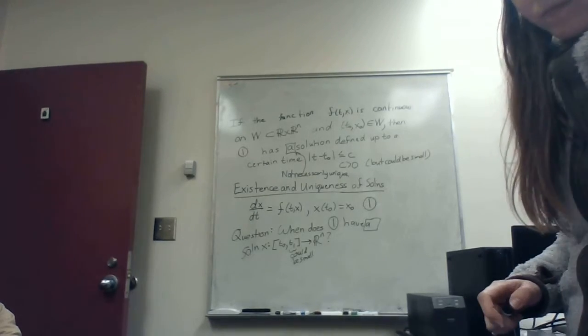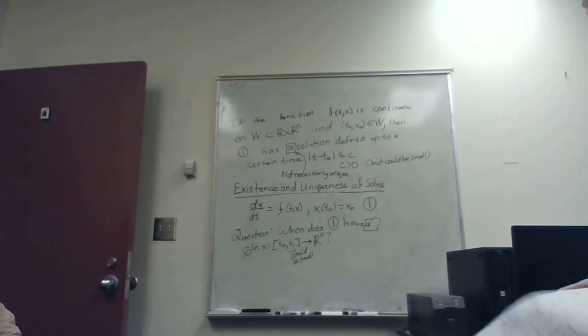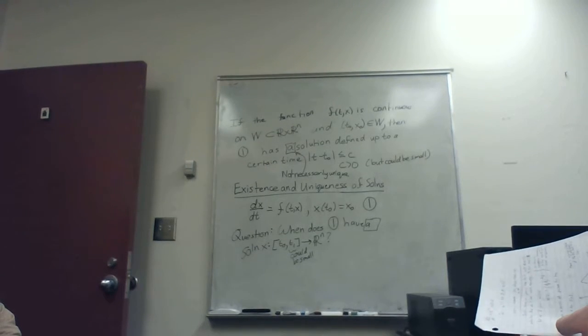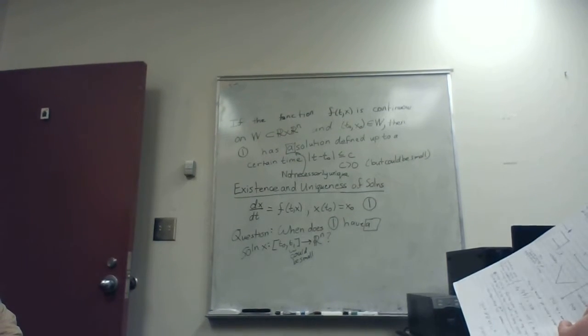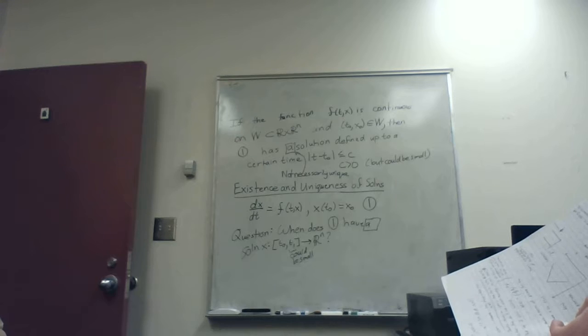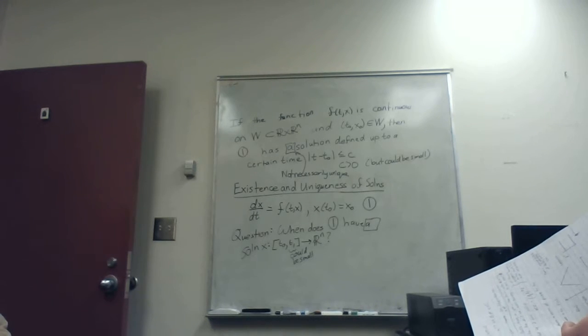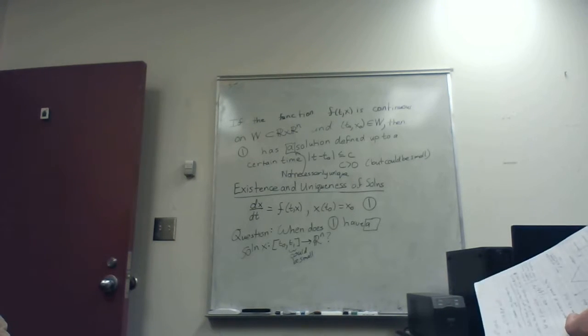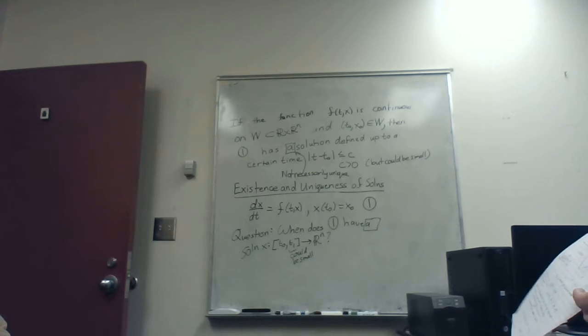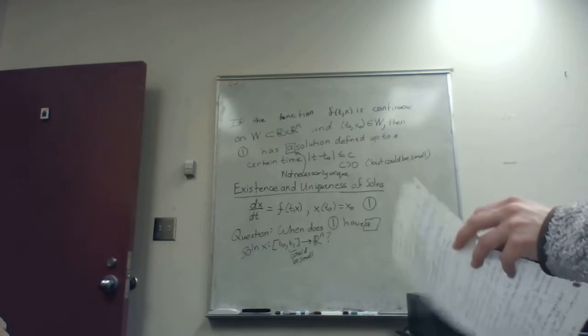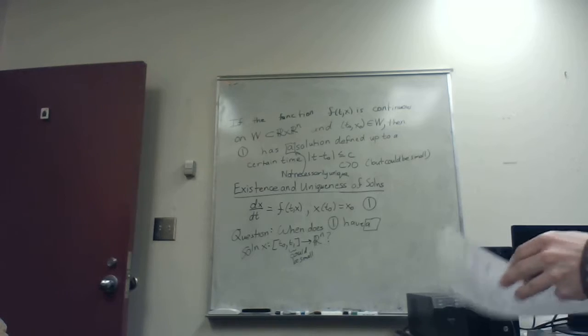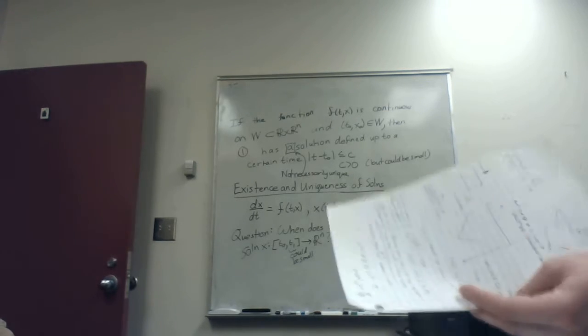In many ways, this is good in that it tells us that with just continuity of the right-hand side of the differential equation, if our initial condition is in the set where f(t, x) is continuous, then we do get a solution. It's not necessarily unique, but we can get one defined for a certain amount of time, maybe small.